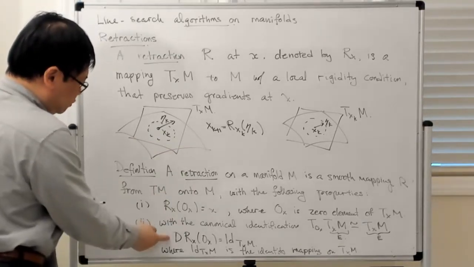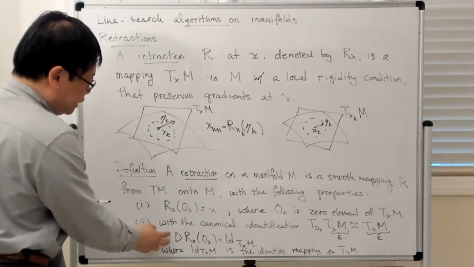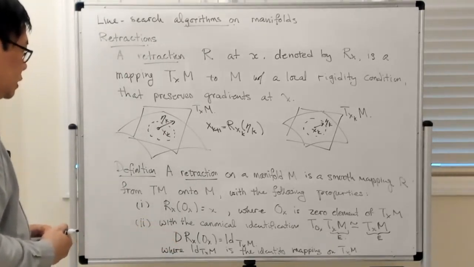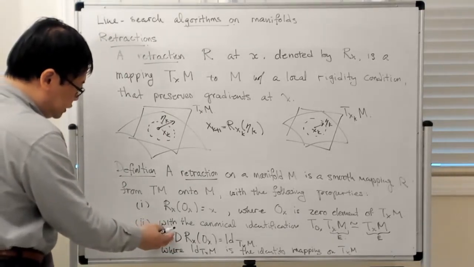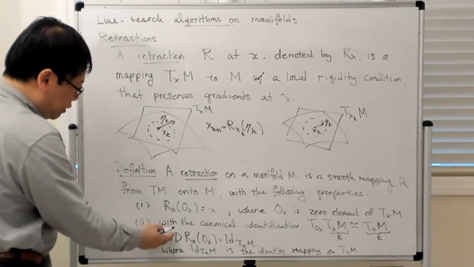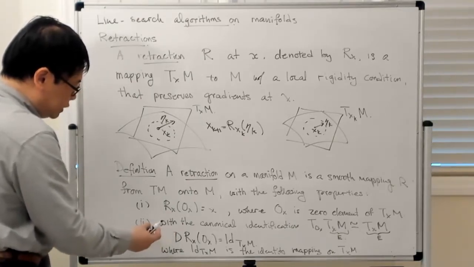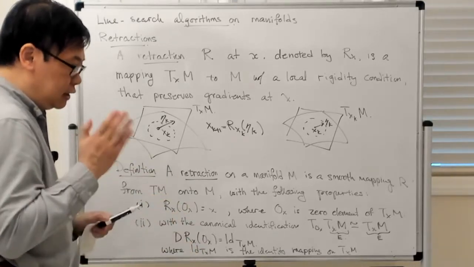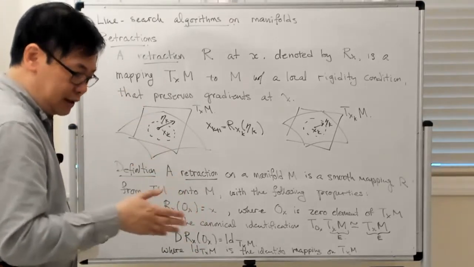So this rigidity condition is important because you want a situation where, if you're moving in a gradient direction or negative gradient direction, the function is going to locally descend.